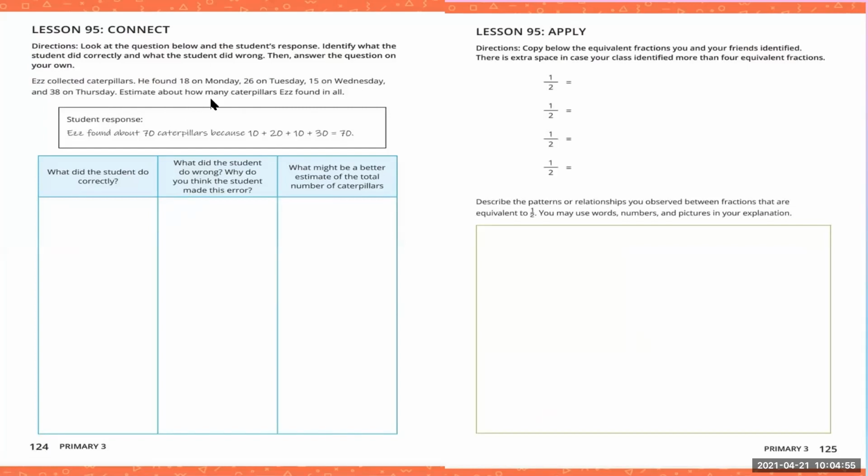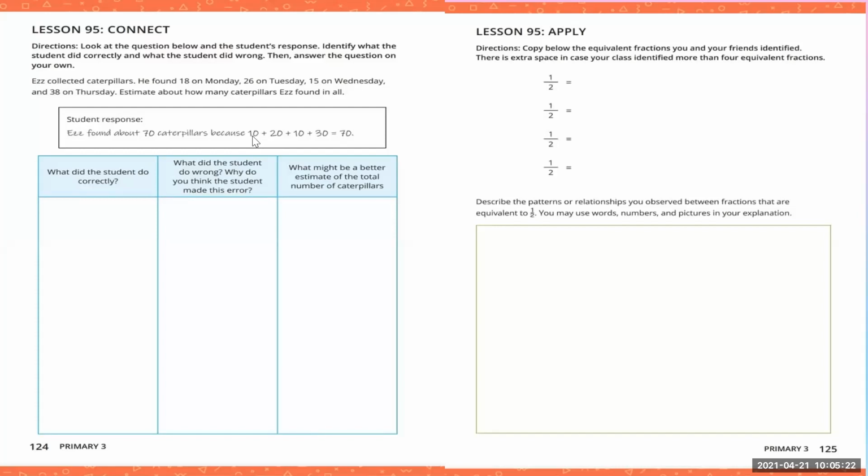Estimate about how many caterpillars he found in all. Here, I want to estimate these numbers. He estimated 18 to 10. Is it right? 18 near to 10?